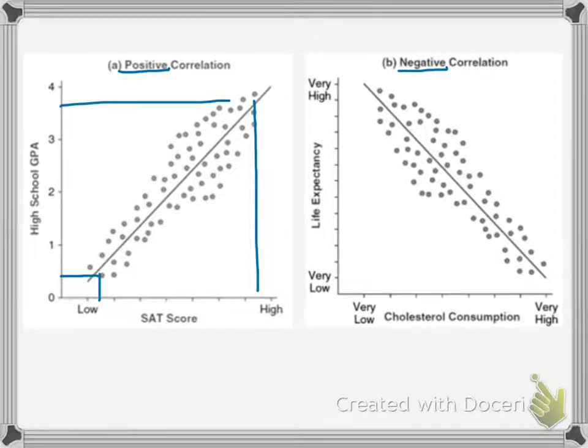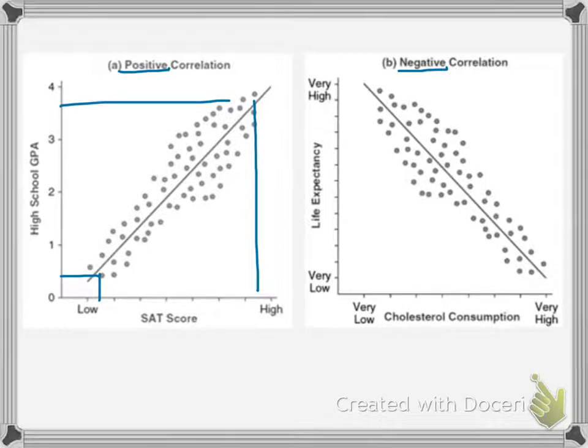Now let's look at the negative correlation on the right. This one is showing on the x-axis cholesterol consumption and on the y-axis life expectancy. So this is showing two things that are being compared as moving against each other.